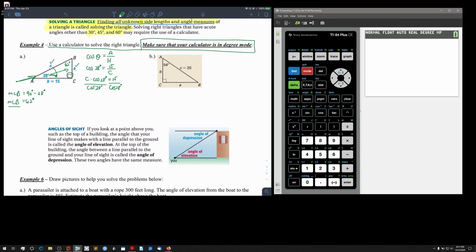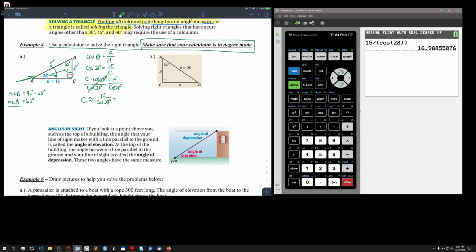Okay, so that tells me that C would be, this would be an approximation, 15 over cosine 28 degrees, which is, let's see what that would be. So now you just go on your calculator and you do 15 divided by, and I would put parentheses if I were you, but I think it'll work without that, cosine of 28 degrees, like that.